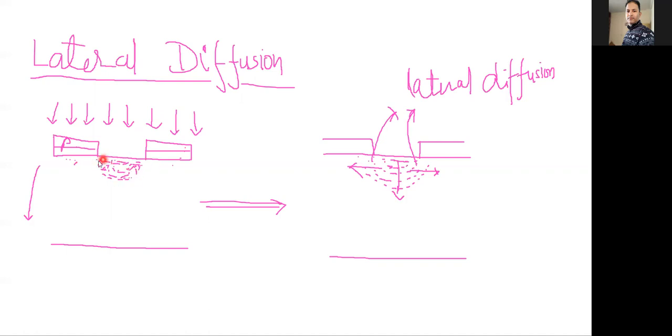Now when we have completed our pre-deposition step where we had applied these dopants, and now we allow for the drive-in step, these dopants will diffuse not only inside this width, which was the expected width, but dopants will reach even to far distances in the horizontal directions.